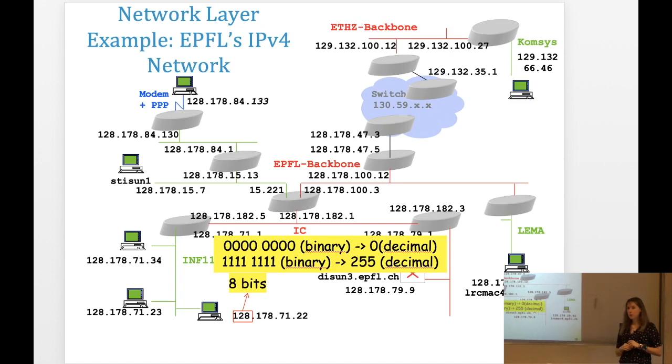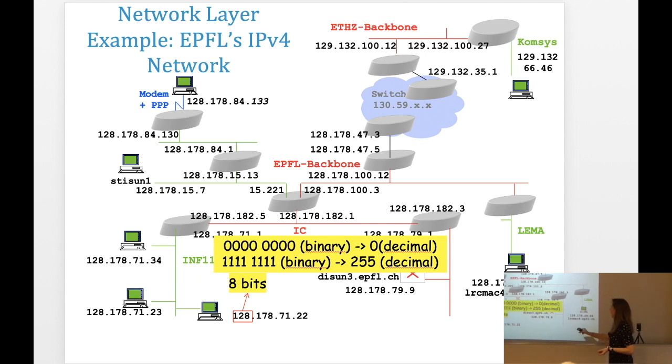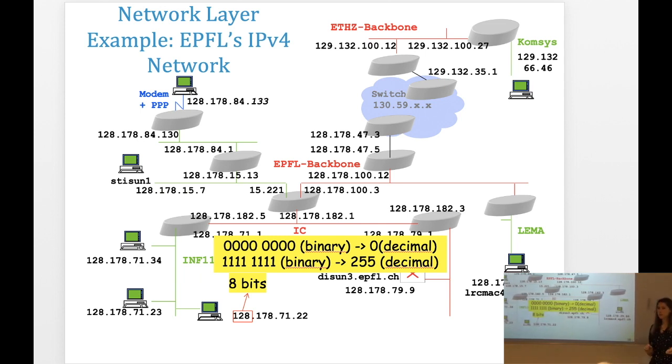Here you have a snapshot of the EPFL IP network some time ago. So you see devices, endpoints, and these oval-shaped things are routers. And in between them you have lines which are interconnecting the routers to the devices. And you see that at every line from the routers you will see an address.